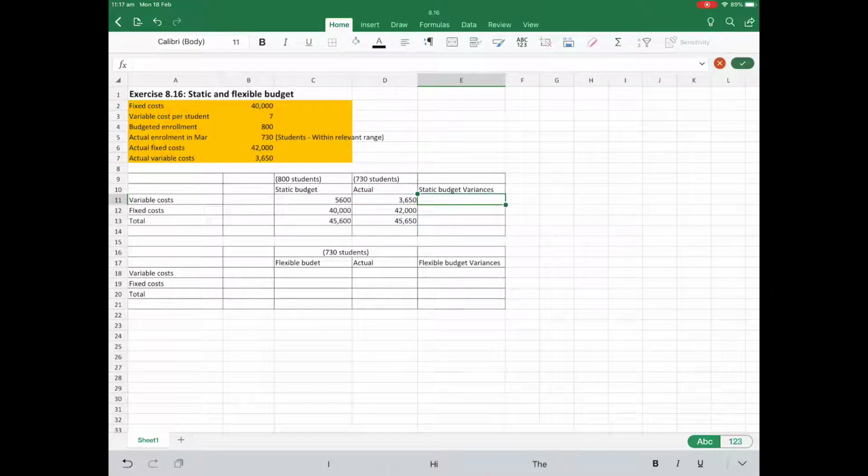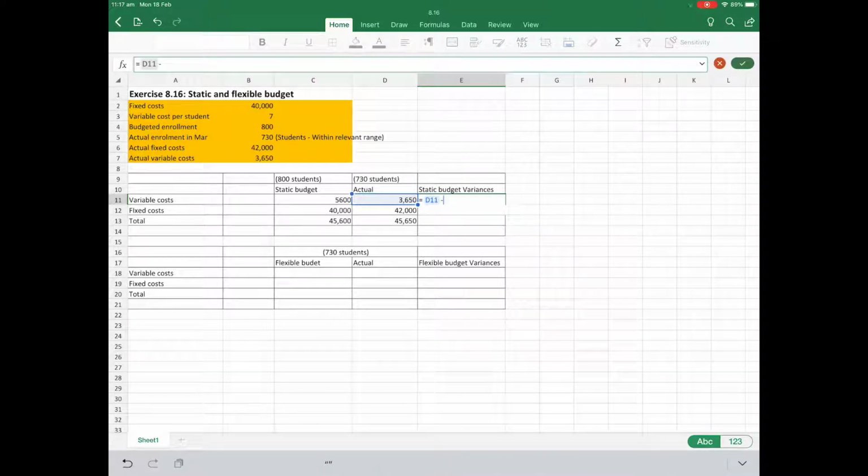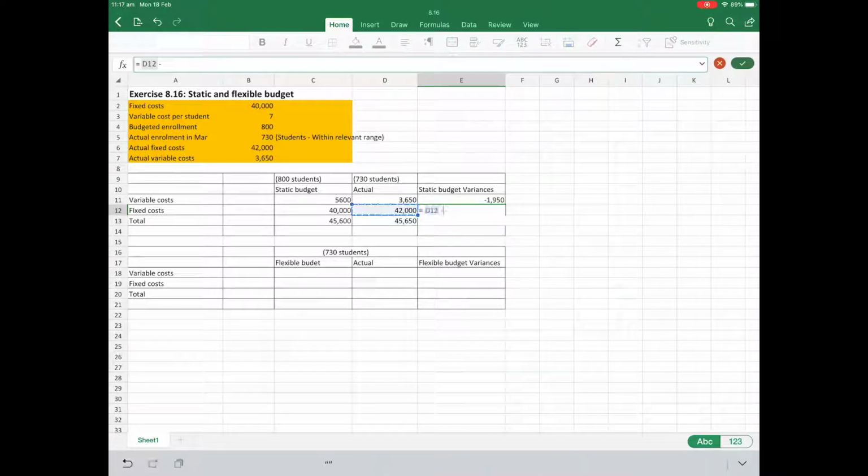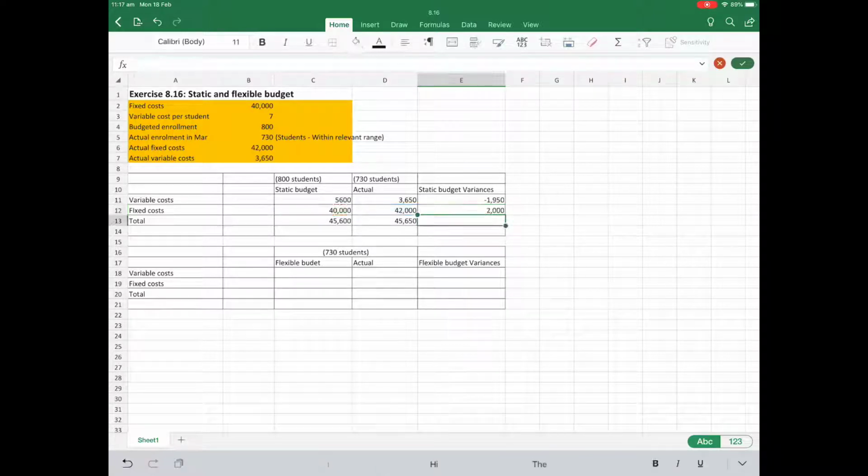For the static budget variance, you take the actual minus the static. Again, here you take the actual minus the static. So it is minus 1,900. You see that the actual is less than the static budget, so we spend less than we expect to spend.